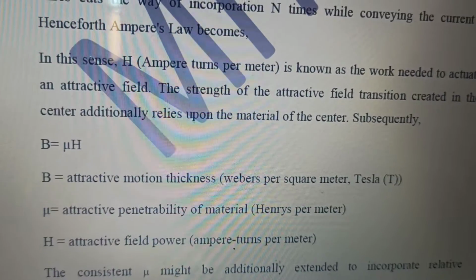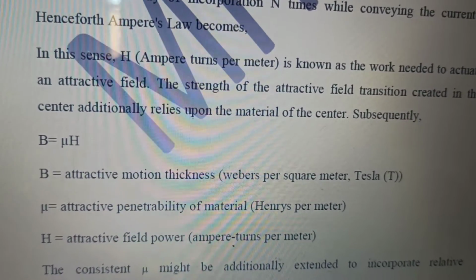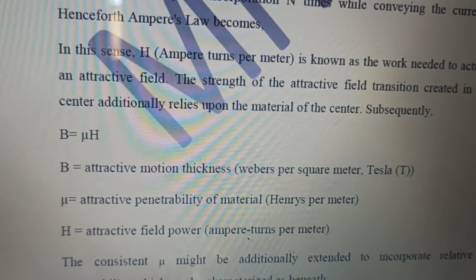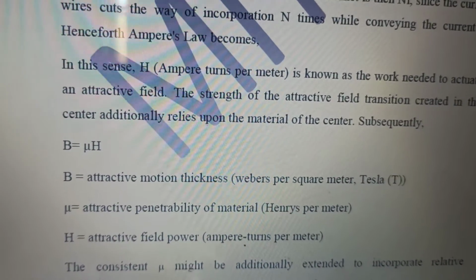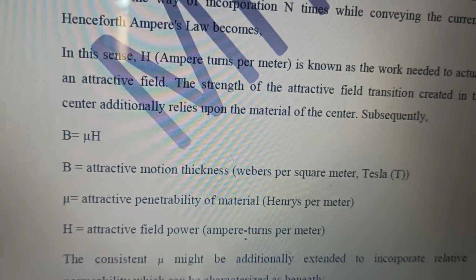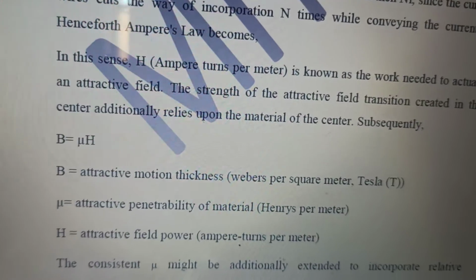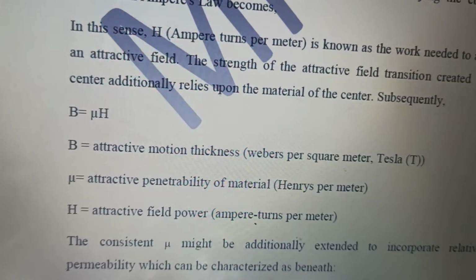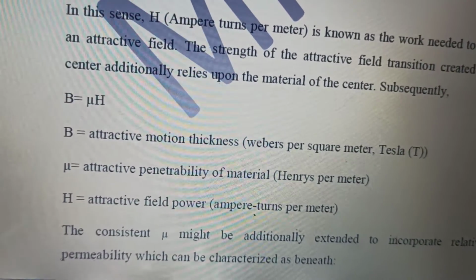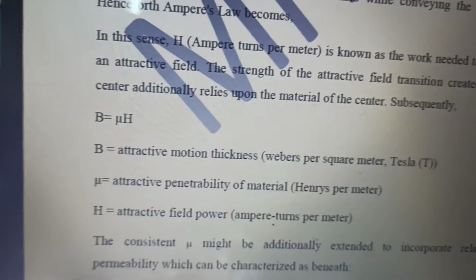Now let us see the relation B equals mu H. I have used the word magnetic here because this will let us understand the relation between B and H. So obviously B is mu times H, where mu is the magnetic permeability. Clear?